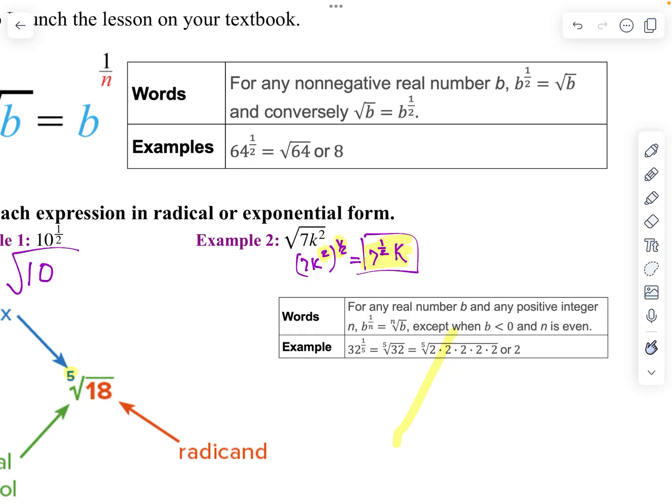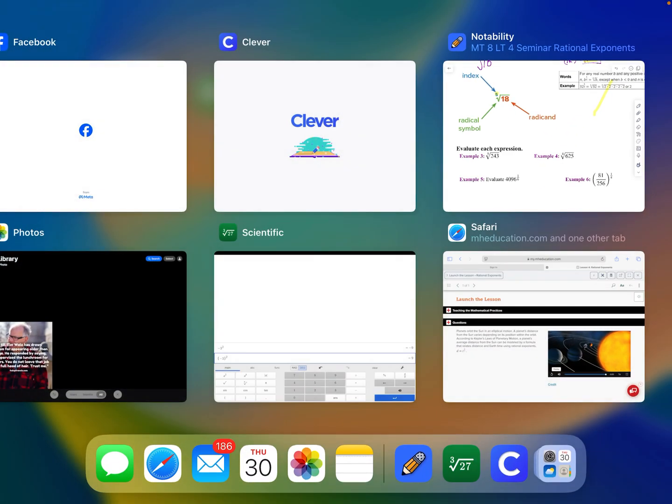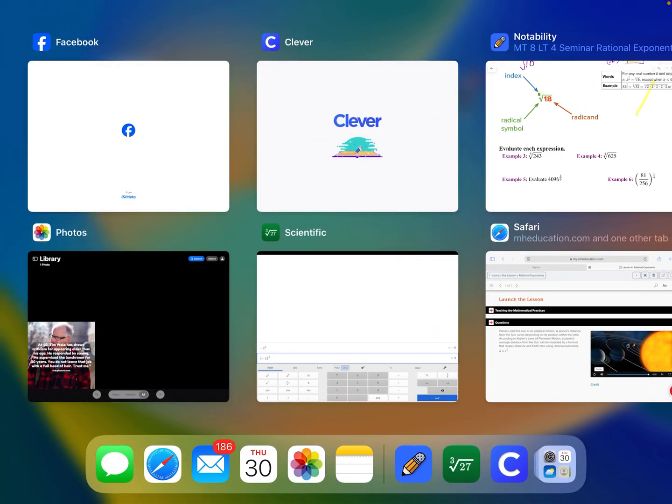Now, if I look at the 5th root of 243, I'm thinking, what number times itself 5 times equals 243? If I'm multiplying by itself 5 times, it's going to get pretty big pretty quick. Notice it's odd, so I'm going to guess 3. And notice I said guess; that's exactly what we're going to do.